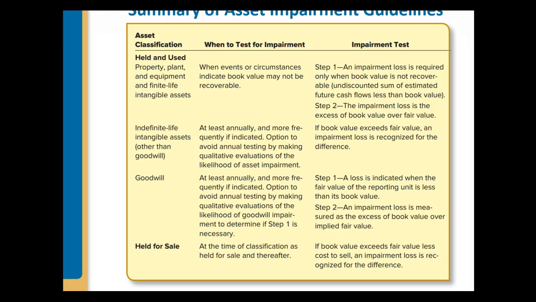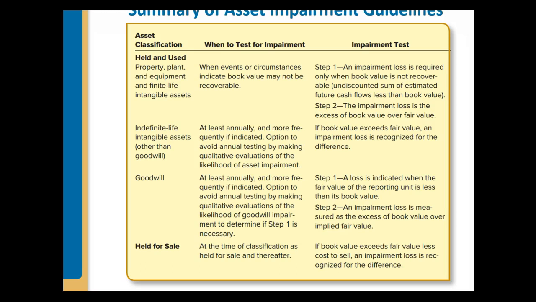Goodwill has a two-step process. Step 1 is a loss is indicated when the fair value of the reporting unit is less than its book value. Then we go to step 2. An impairment loss is measured as the excess of book value over the implied fair value.